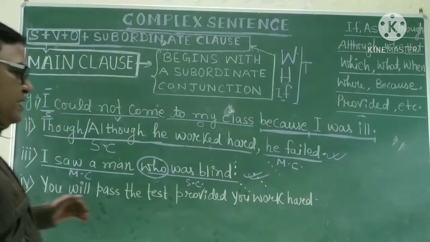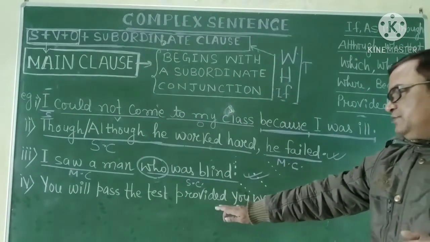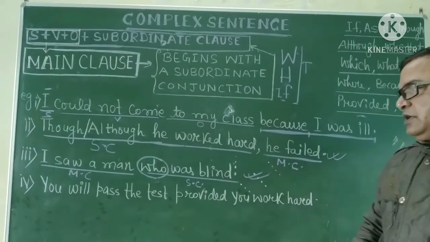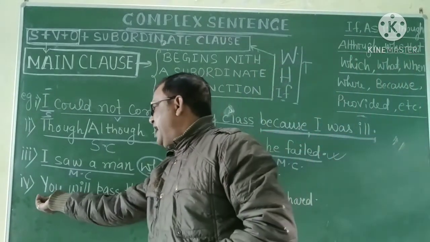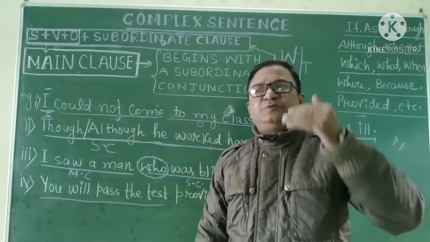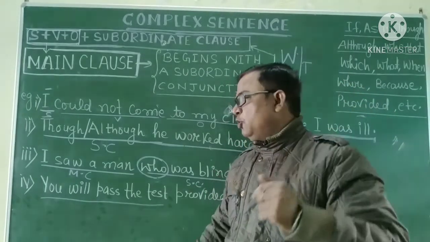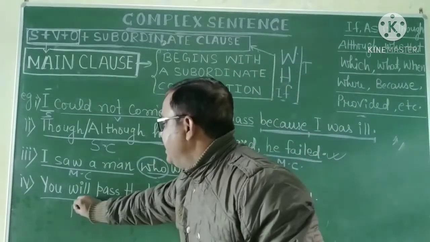Now come to this one. You are finding, see here, you will pass the test provided you worked hard. You will pass the test is clarifying its meaning itself, so it becomes your main clause.